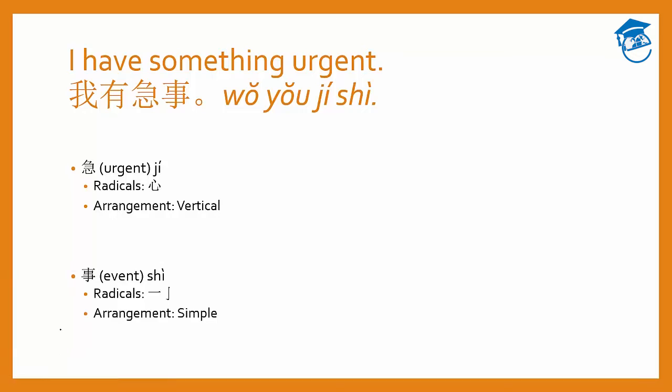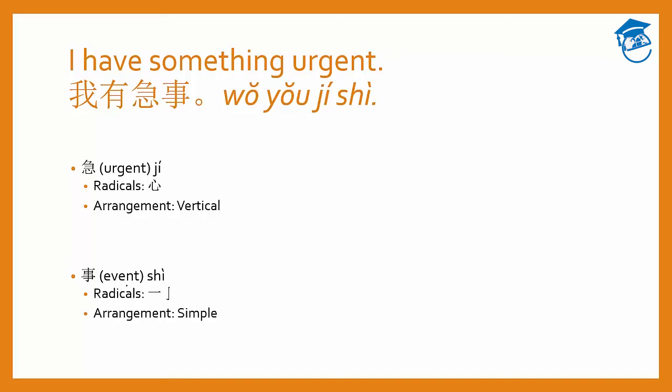The other word is 事. 事 means event, but it's not a particularly special event. It's just like something. But that thing, it refers to an event. It's not something concrete, but it's something happening.